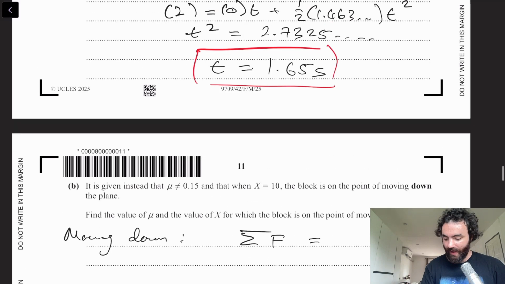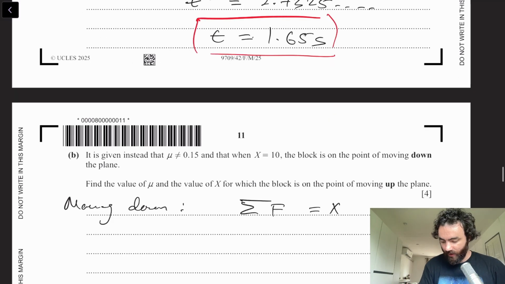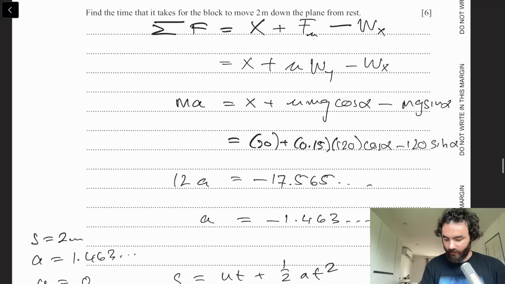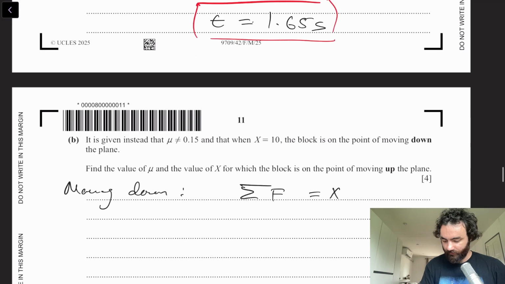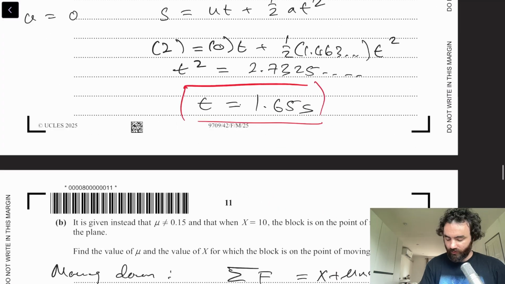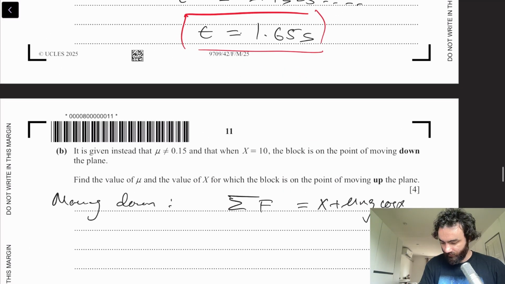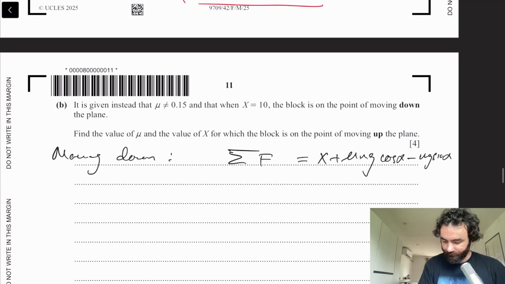So it's going to be x minus... x plus mu mg cos theta minus mg sine alpha.